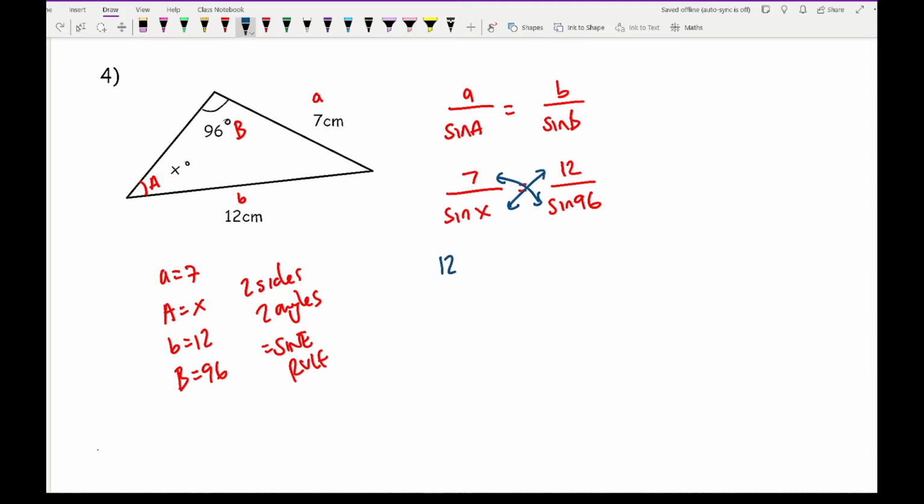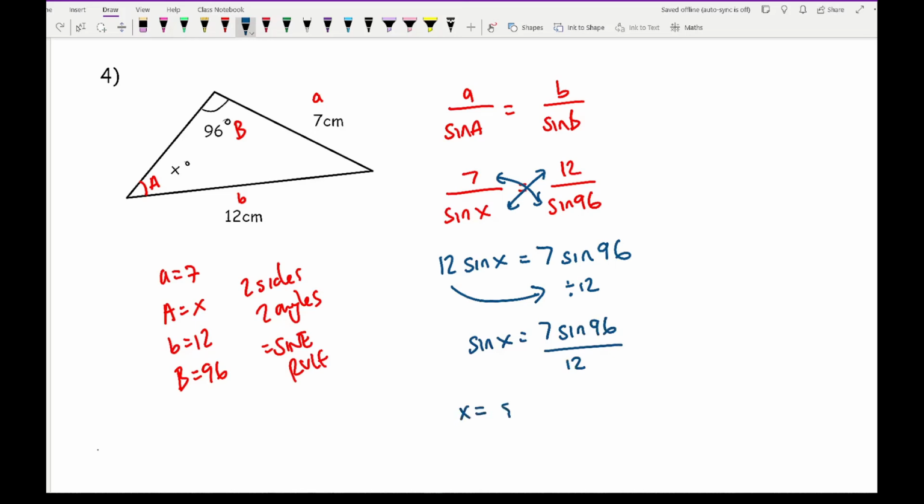So I get 12 sine x equals 7 sine 96. I then want to make x the subject, so I take the 12 over to the other side. I end up with sine x equals 7 sine 96 over 12. But then I want to get rid of the sine, so I need to do x equals inverse sine of that entire fraction.